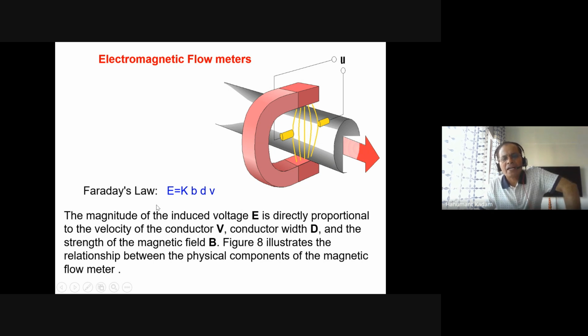E is directly proportional to the velocity of the conductor, and this is used for measuring the flow. Velocity is measured, and this velocity is then converted into flow by a direct relationship with the induced EMF generated.